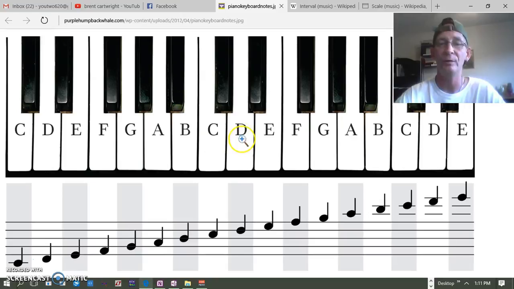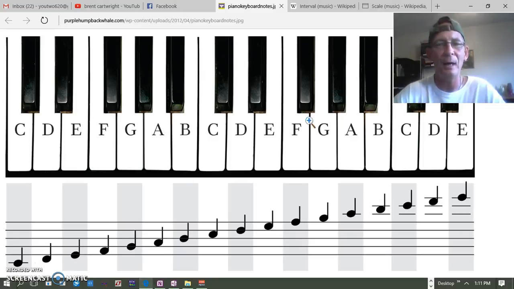It could be C or D or E or D sharp. Any note will be the root of that scale. And then you will have chosen notes that are part of the chromatic scale, part of the 12 tones. And that is what is entailed in making your scale. So that is the basic concept of what a scale is.